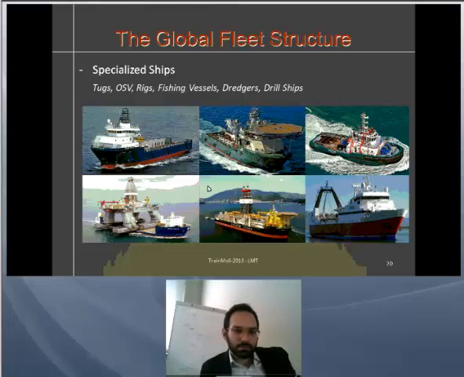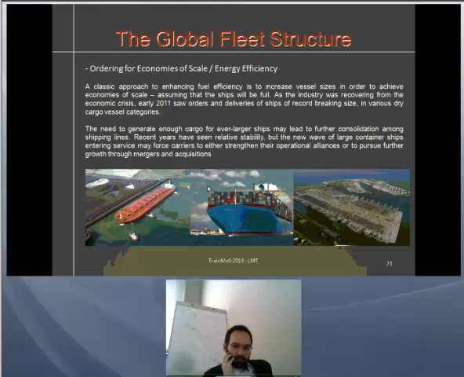So, what are the trends behind the development of the world fleet? Nowadays, operators have been ordering for economies of scale and also for energy efficiency. There is a must for reducing fuel consumption nowadays, having in mind the price of oil.